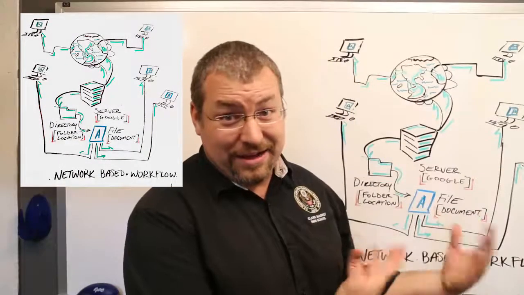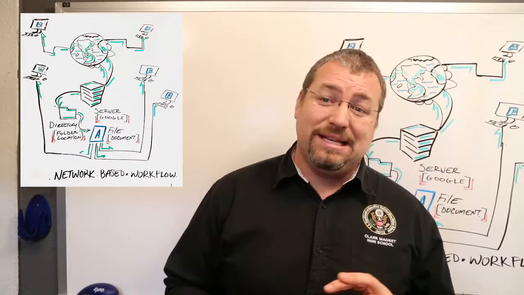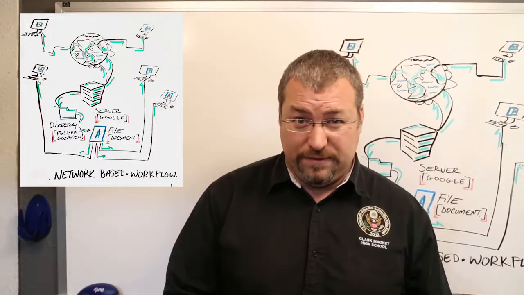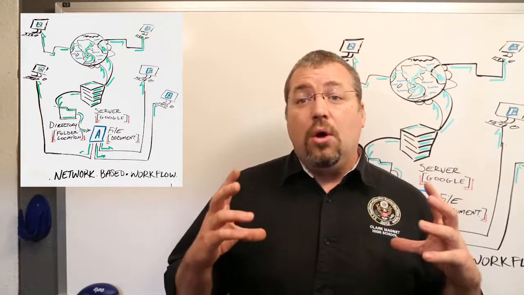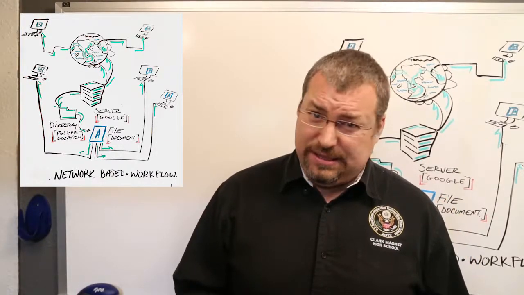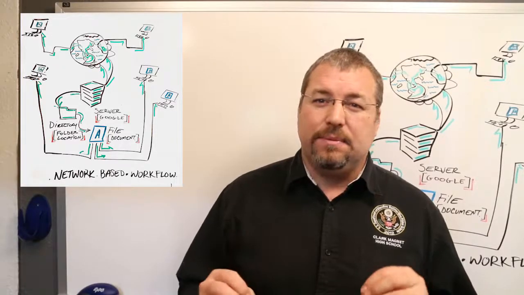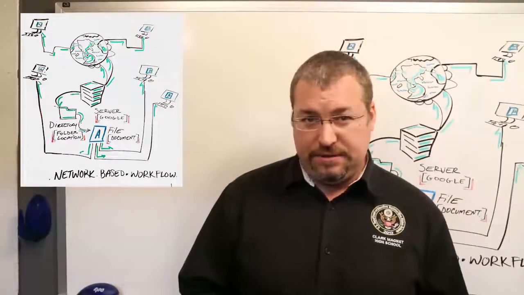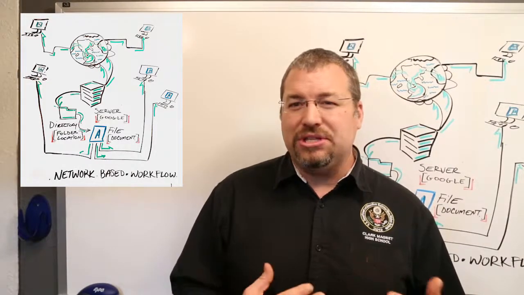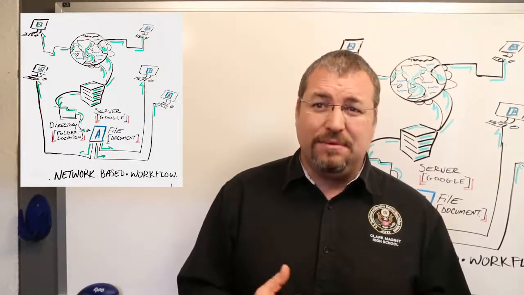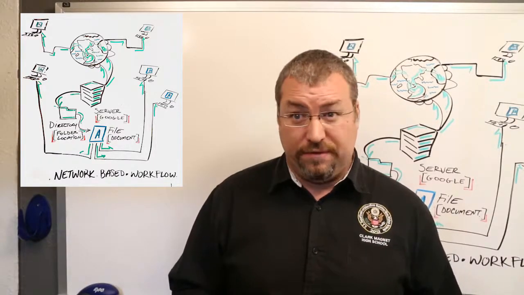Now that we know what the cloud is, let's take a look at two basic types of network-based workflow: asynchronous and synchronous. When you're working asynchronously, you're actually editing a document or a file independent of others. So if you're working asynchronously, there's typically a check-in, check-out system or a time difference that you establish when you work on a file.